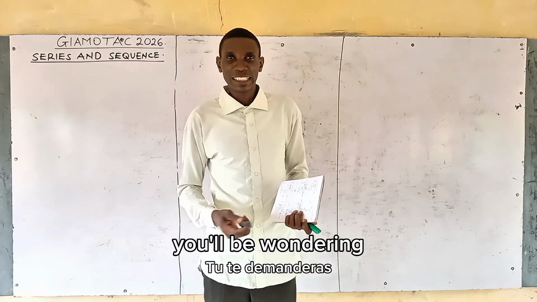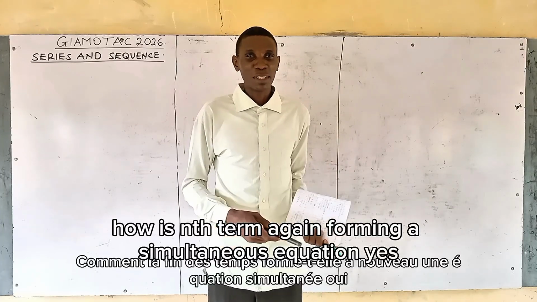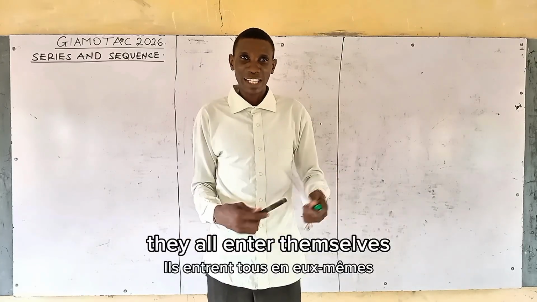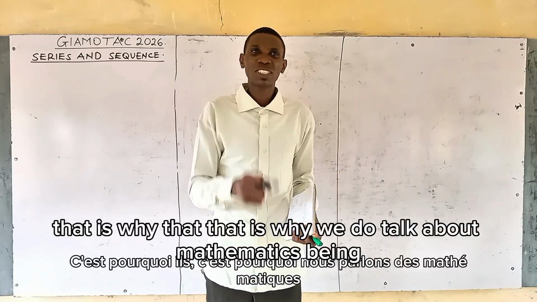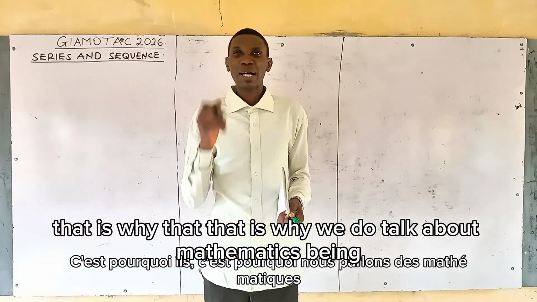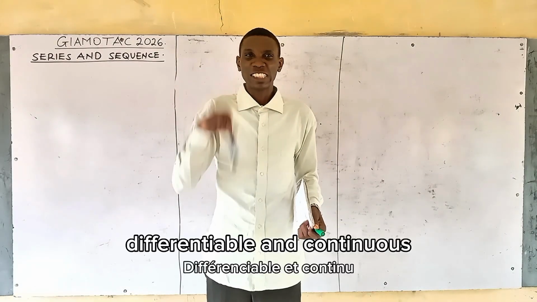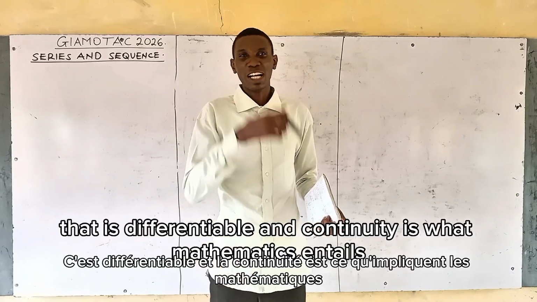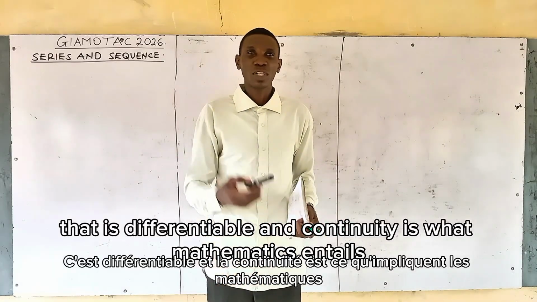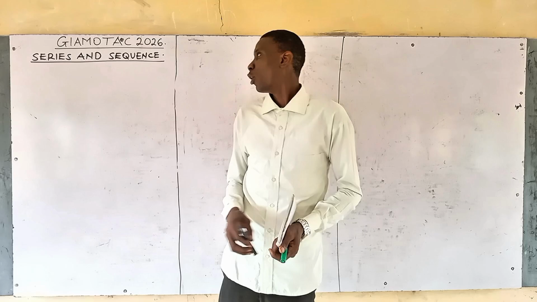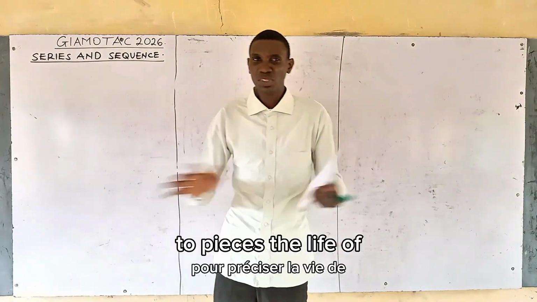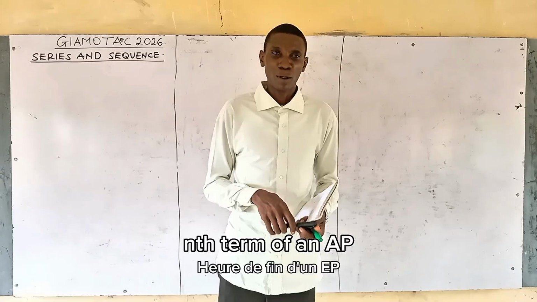You'll be wondering, how is the nth term forming a simultaneous equation? Yes, they all connect to themselves. That is why we talk about mathematics being differentiable and continuous. So today, let's see how we are going to be using simultaneous equations to tackle the nth term of an AP.